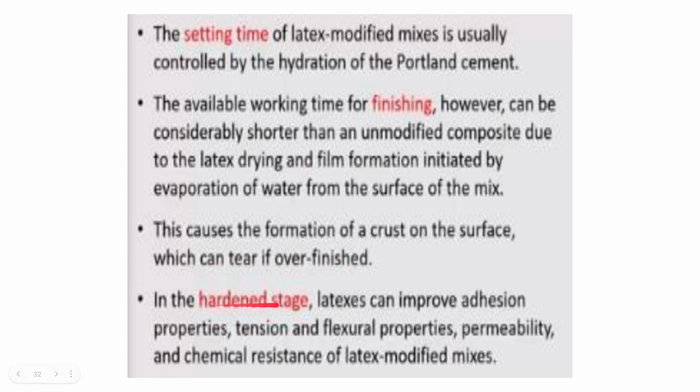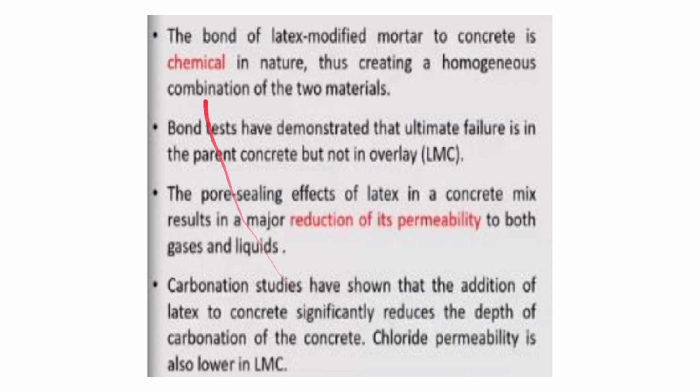In the hardened stage, latexes can improve adhesion properties, tension and flexural properties, permeability, and chemical resistance of latex modified mixes. So these are some of the properties which latexes can improve in the hardened stage. The bond of latex modified mortar to concrete is chemical in nature, thus creating a homogeneous combination of the two materials.